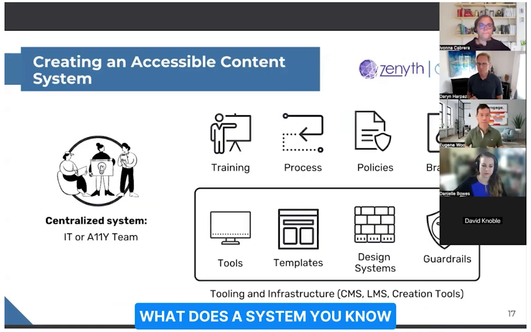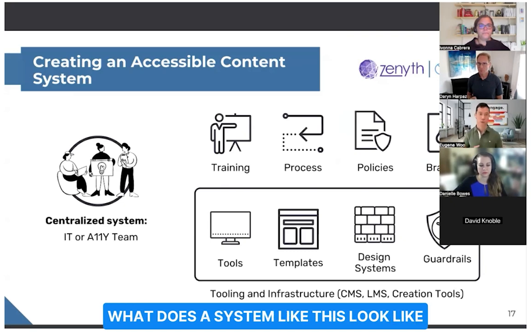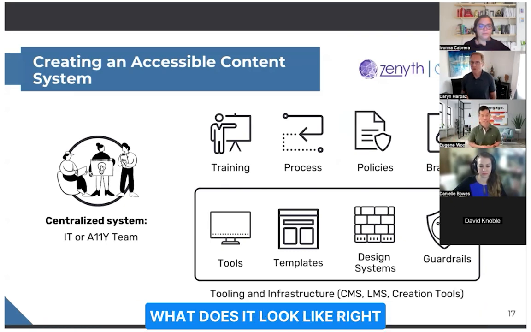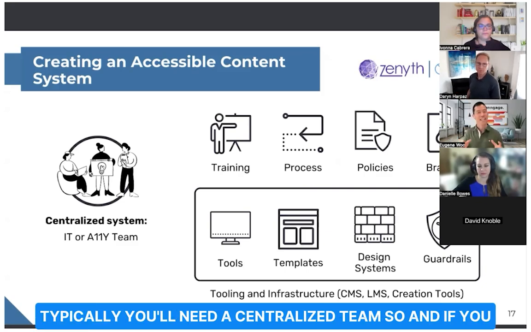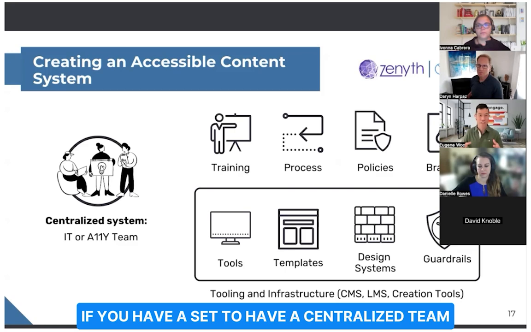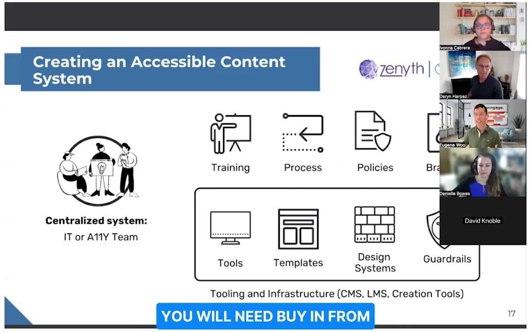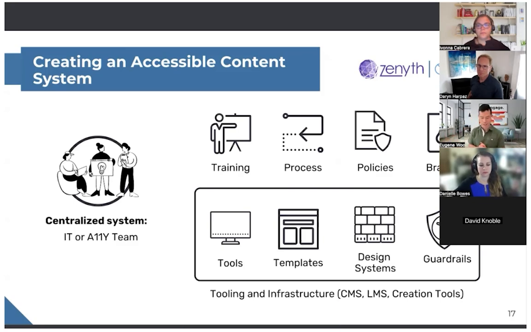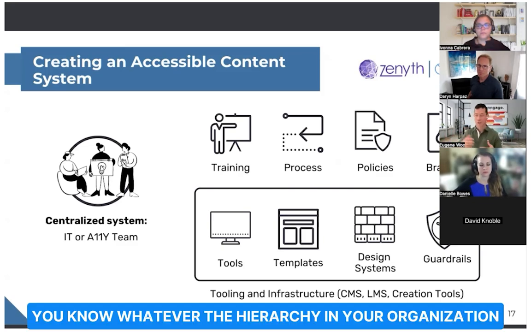Next slide. So what does a system like this look like? If you're creating an accessible content system, typically you'll need a centralized team. And obviously, if you have a centralized team, you will need buy-in from the leaders, the executives, whatever the hierarchy in your organization.